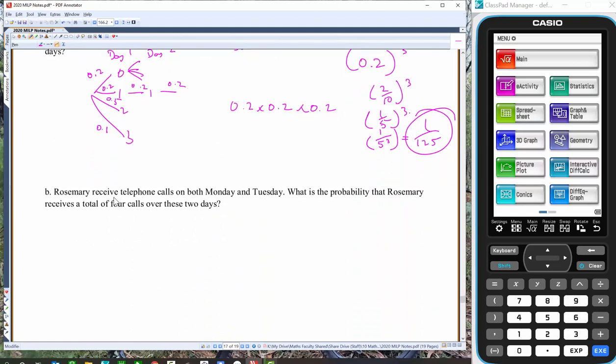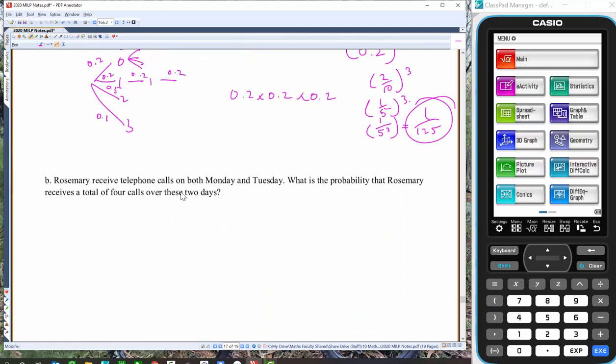All right, now let's have a look at this last question here. Rosemary receives telephone calls on both Monday and Tuesday. What is the probability that Rosemary receives a total of 4 calls over these 2 days? So we've got 2 days to contend with now, and basically the scenario looks as follows.